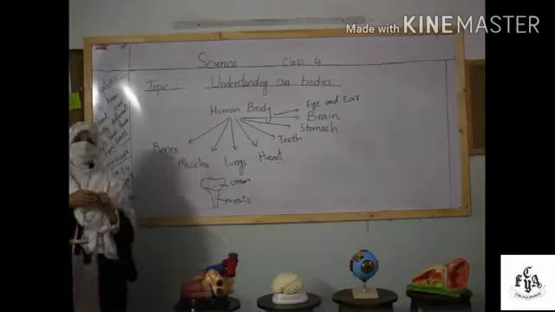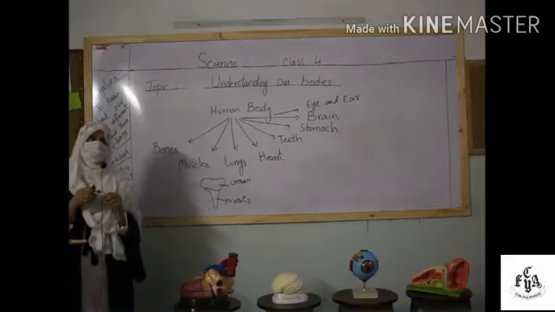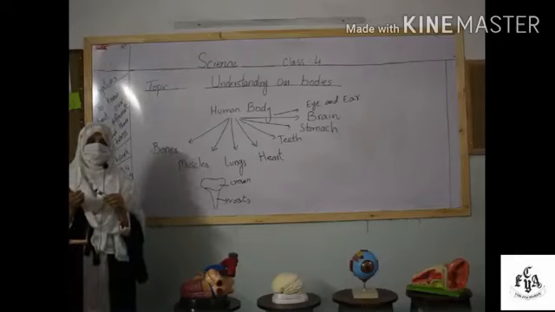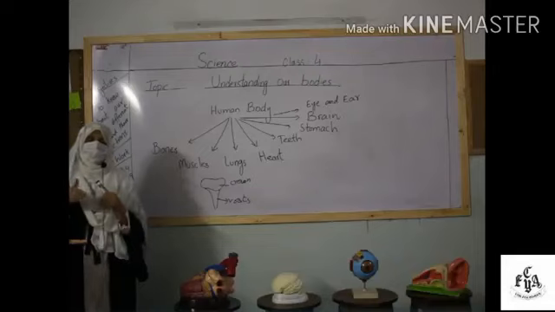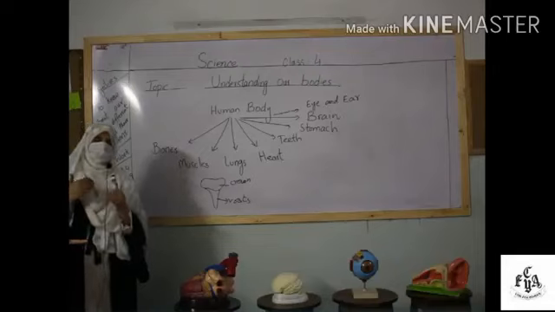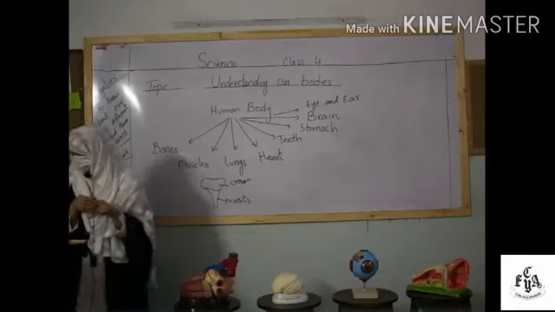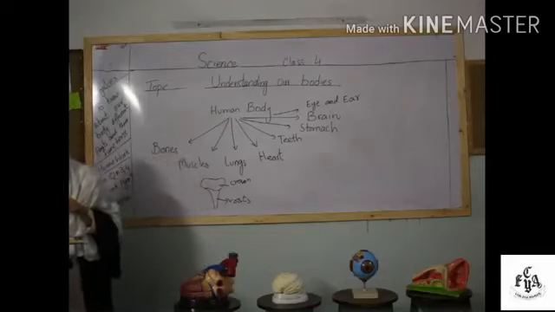Okay, after the stomach, the food is sent to the small intestine and the large intestine. After the small intestine, the nutrients are sent to the blood, and the other remaining part or the waste product is expelled out of the body from the large intestine, right.